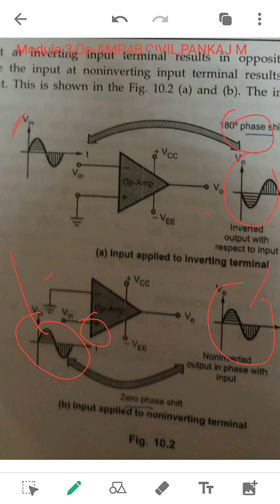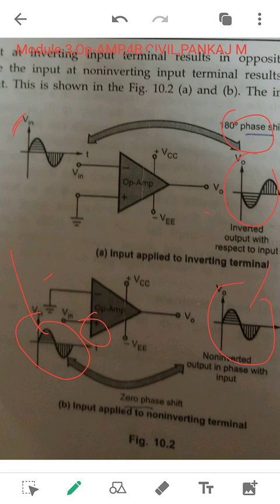The input and the output are both in the same phase if you apply the input to pin number 3, that is the non-inverting input terminal. If you connect the inverting input terminal, then the output will have a 180-degree phase shift, or anti-phase. You can see the opposite polarity.